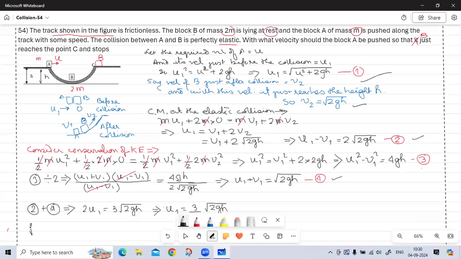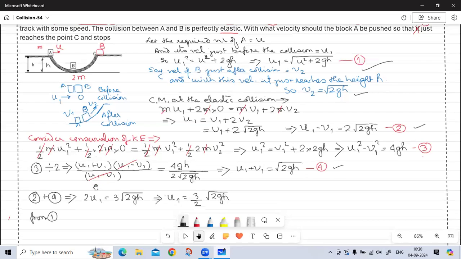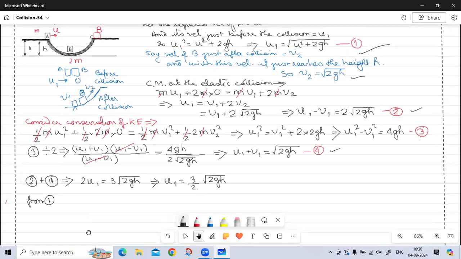So we write from relation 1, u1 is equal to square root of u square plus 2gh.